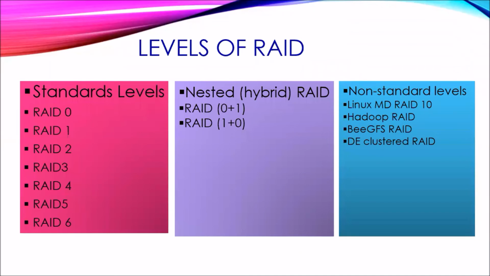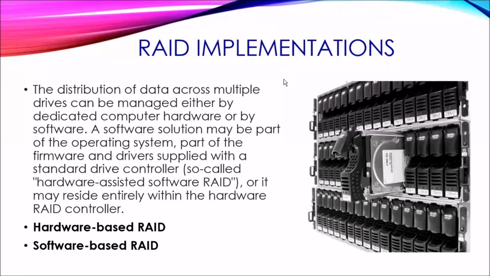We have different levels of RAID: standard levels, nested or hybrid levels, and non-standard levels. RAID implementations. The distribution of data across multiple drives can be managed either by dedicated computer hardware or by software.